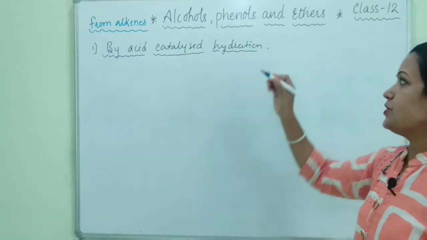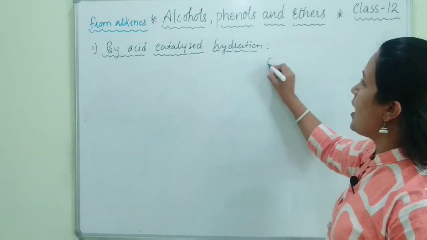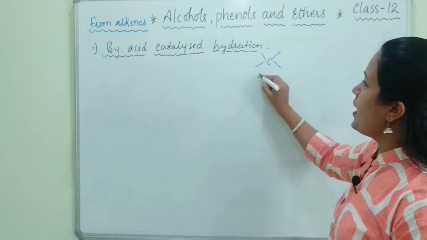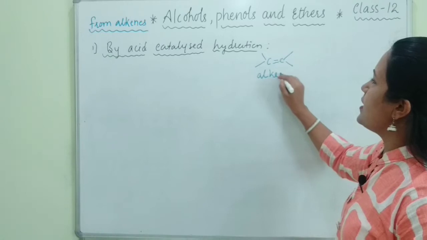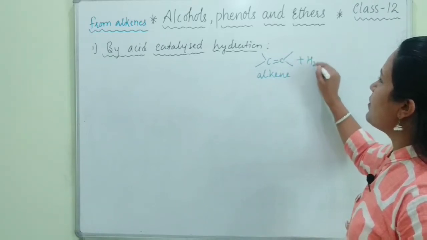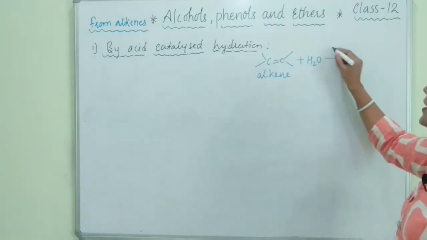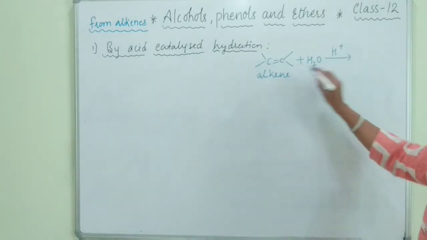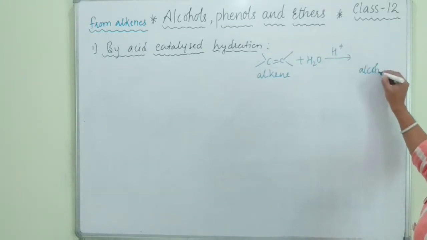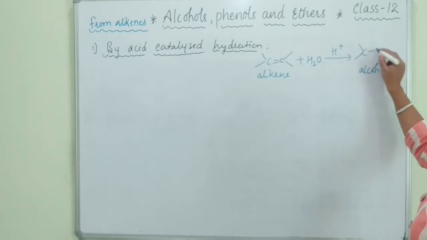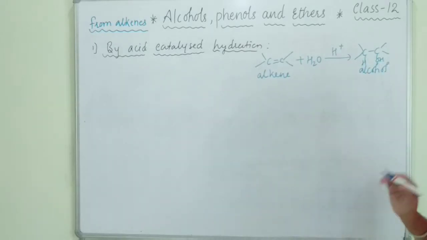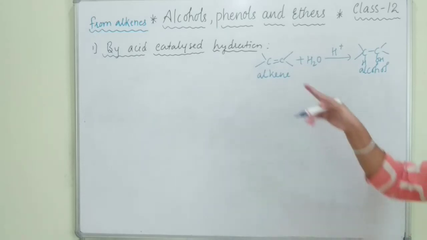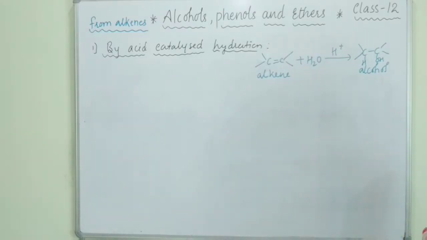If we have alkenes, and we add water to it in the presence of H plus ions, these alkenes will convert into alcohol, and we can prepare alcohol in this way. Here H becomes OH. This is the reaction of acid catalyzed hydration.